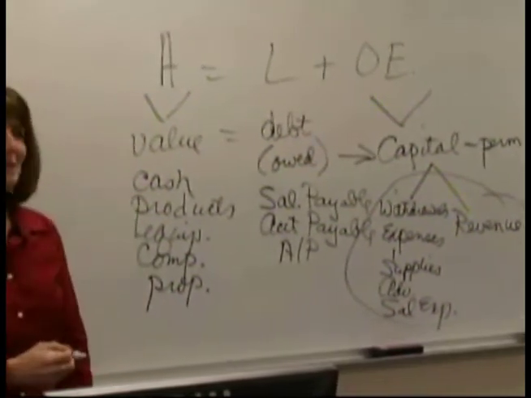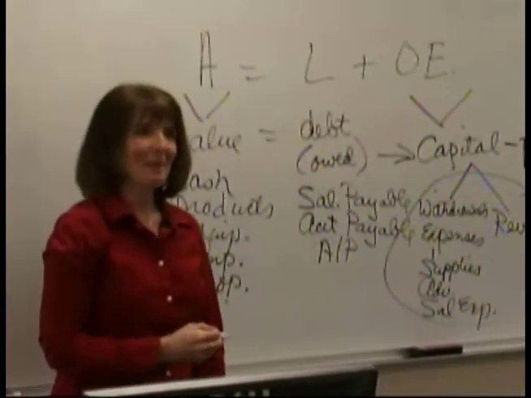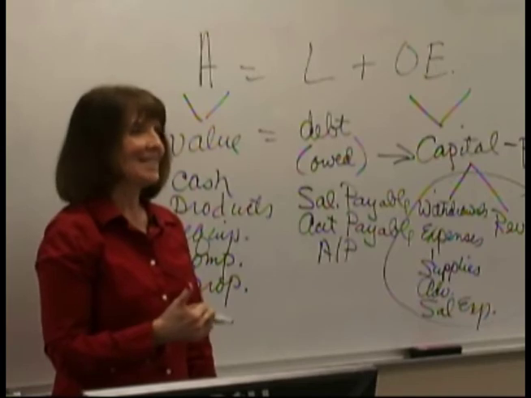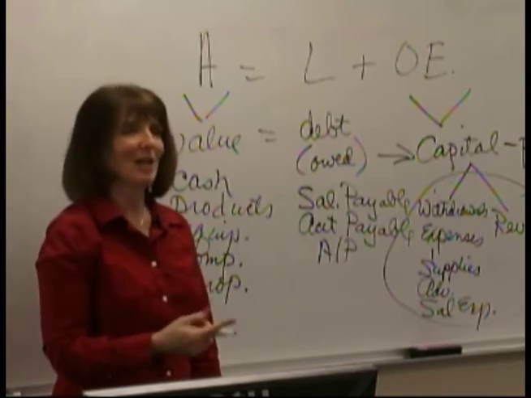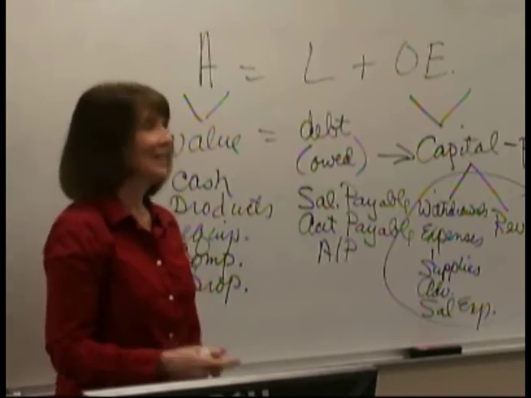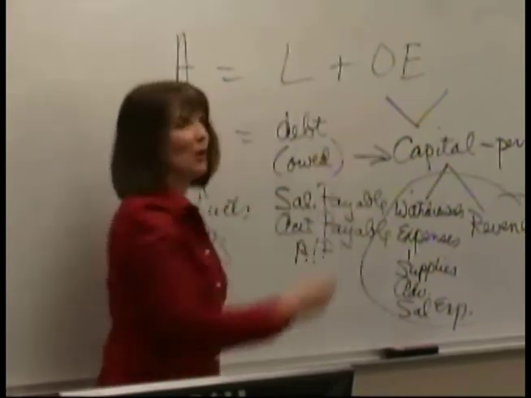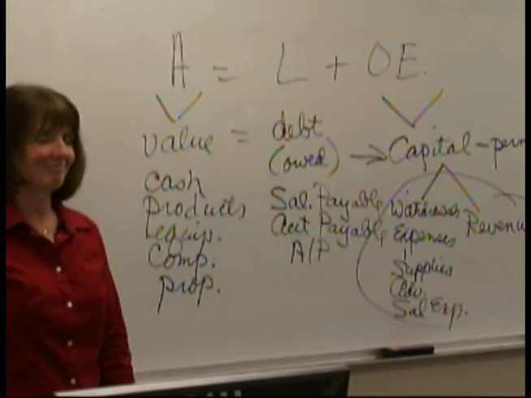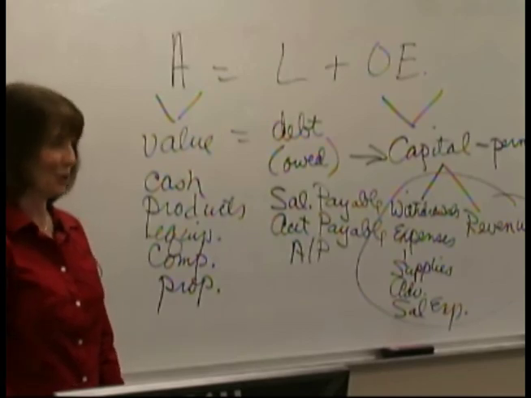So again, without looking, what is our accounting equation? Assets equal liabilities plus owner's equity. If you know any two of those totals, you can figure the other one out, correct? Yes, those of you that have algebra knowledge.